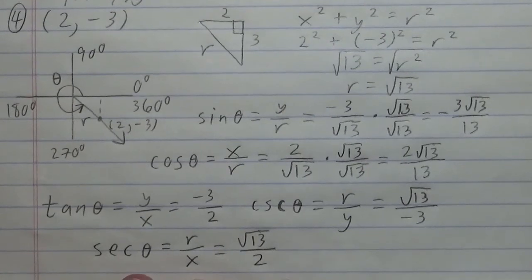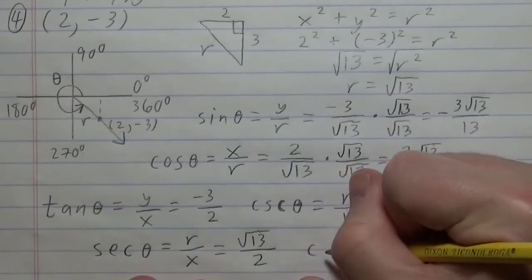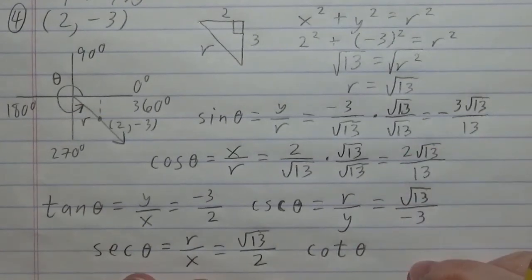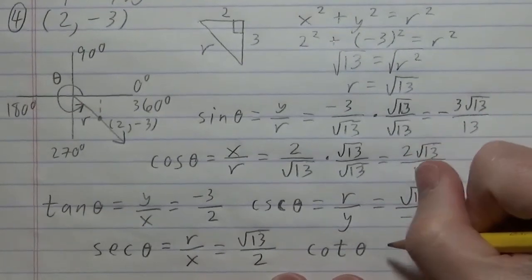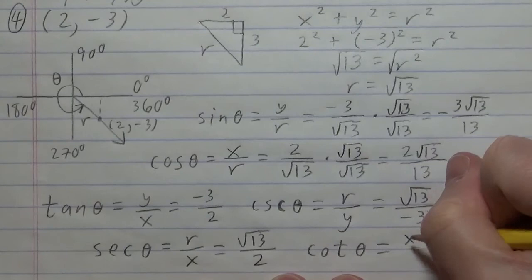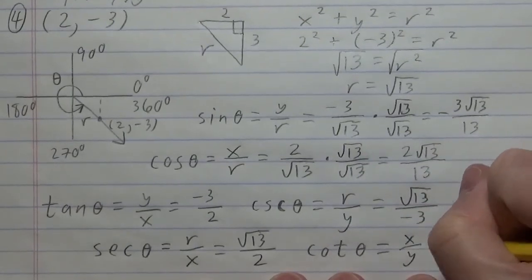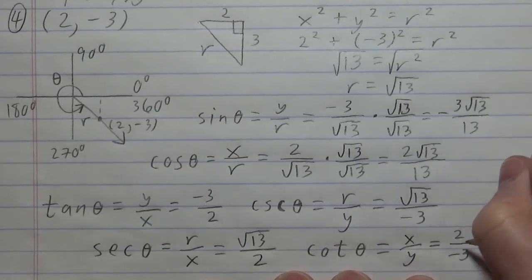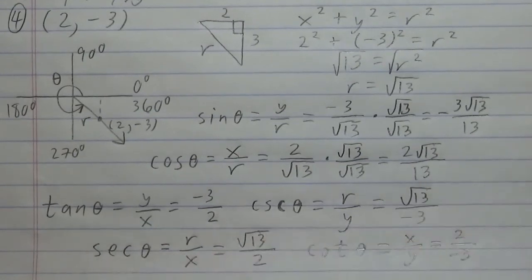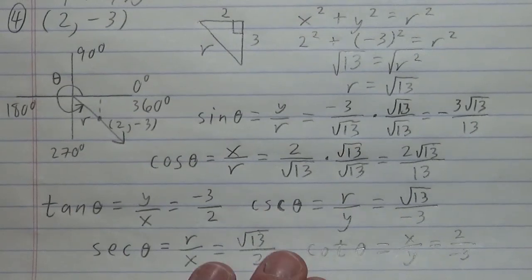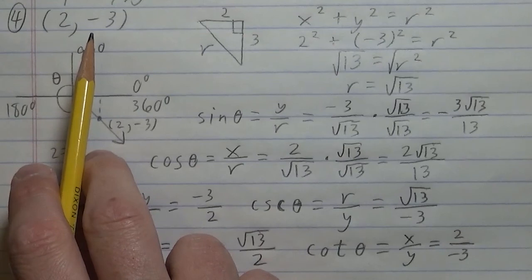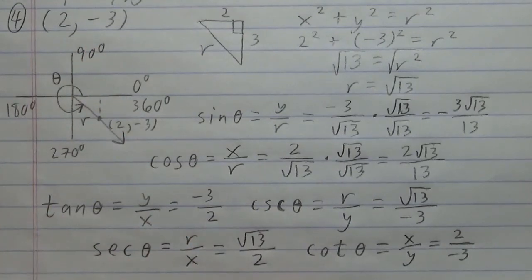Simplified. Good to go. Cotangent of the angle is going to be the x-coordinate over the y-coordinate, which is 2 over -3, -2/3. Simplified, good to go, and that is the sixth and final trig ratio given this point on the xy axis.